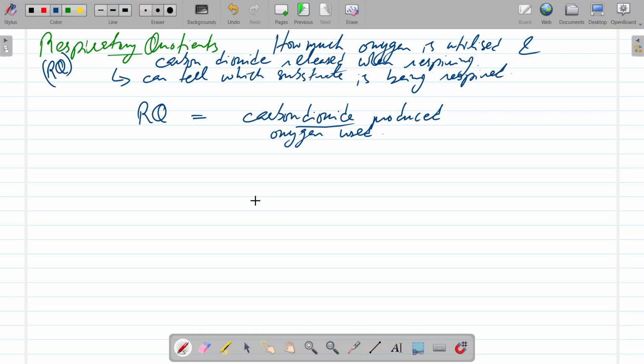Okay. Now, how do we get this? Well, we use balanced equations of the respiration of each of these substrates.